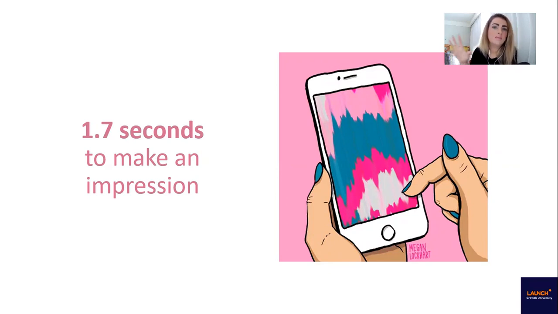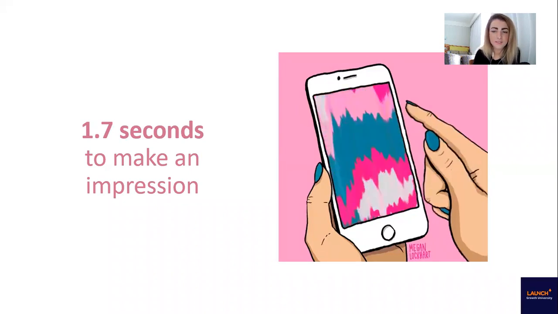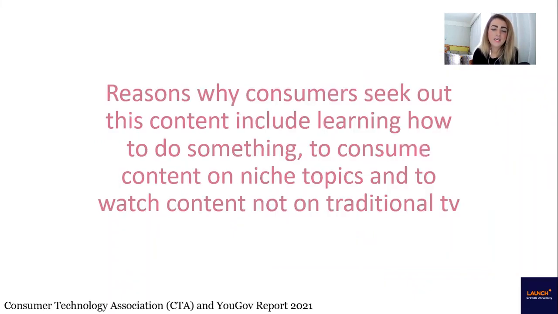You might see an image on one, or you might see a big word on the other, and those things will resonate with you. So you have to think of that when you're looking at social media content creation: are you making that impression in the first 1.7 seconds? Are you grabbing their attention? Are you making that good first impression? So there's us scrolling away.